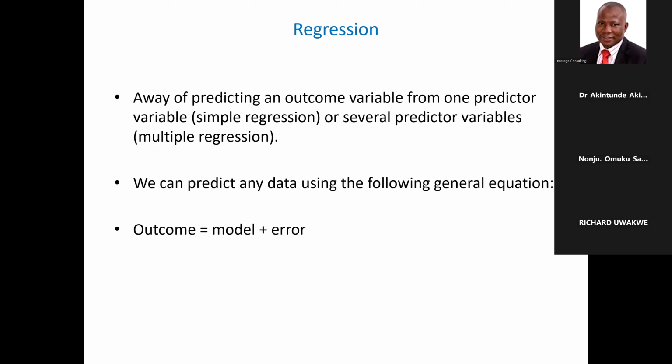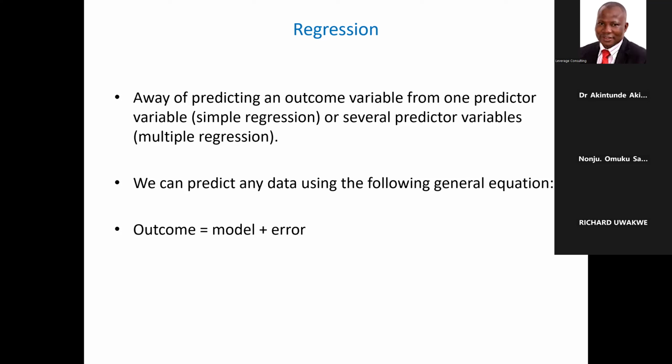So the statistical technique we are talking about now is a way of predicting an outcome variable from one predictor variable, that's simple regression, or from several predictor variables, that's multiple regression. When you predict an outcome, like blood sugar, maybe from blood pressure, or BMI, let's say BMI, if it's just one variable that you are using as a factor, that is simple regression.